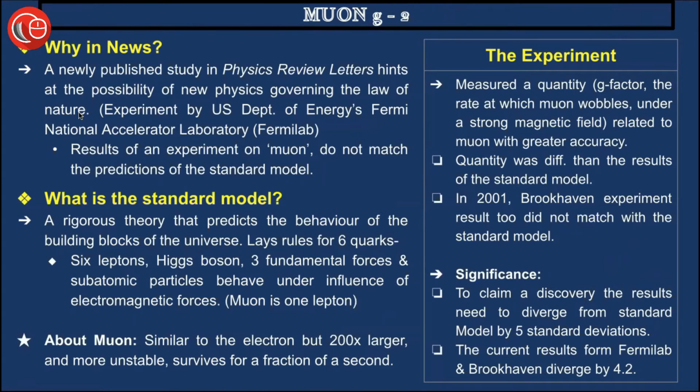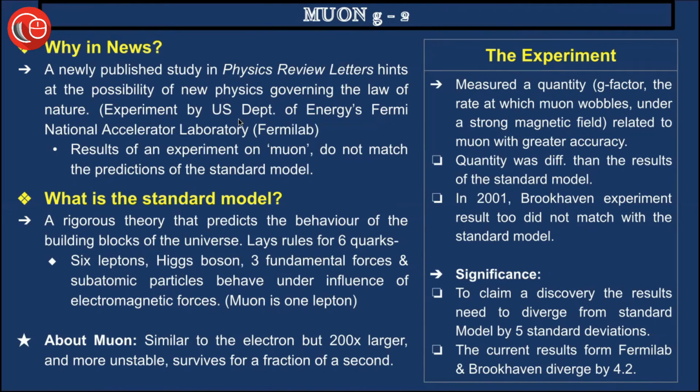The experiment studied a subatomic particle called the muon, and this result does not match the prediction of the standard model on which all particles are based. Instead, it reconfirms the discrepancy that was detected in an experiment held 20 years ago. In other words, the physics we know cannot explain the results, as per the author of this article.